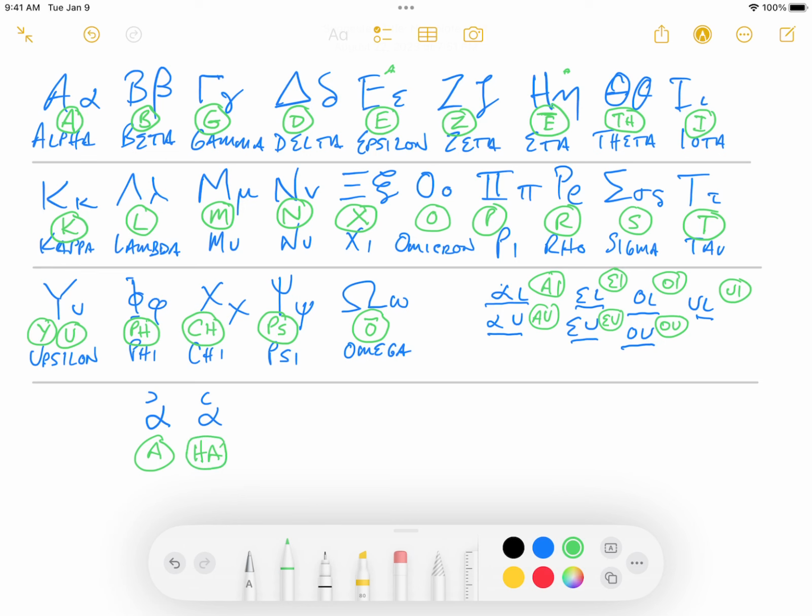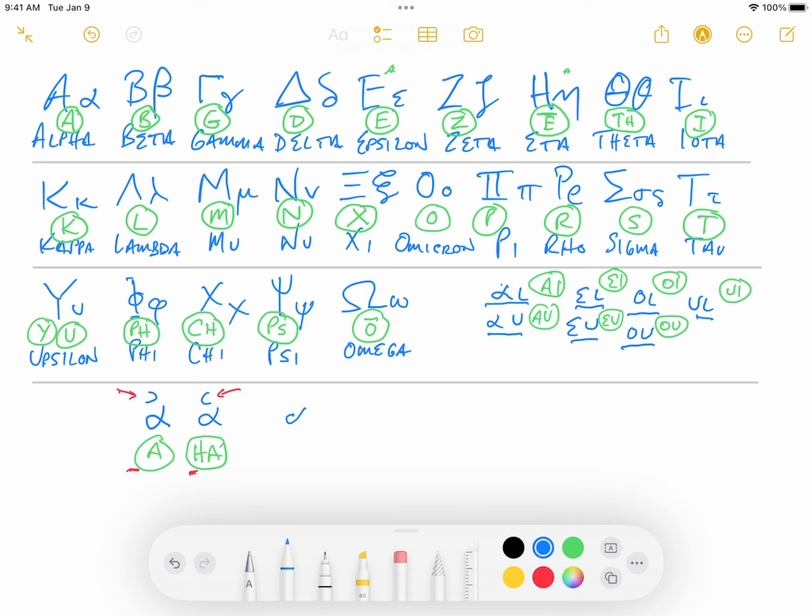So if you have a breathing that looks like this, you're going to transliterate an H before it. But if you have one that looks like this, no H. It's just ah. That works for all vowels.